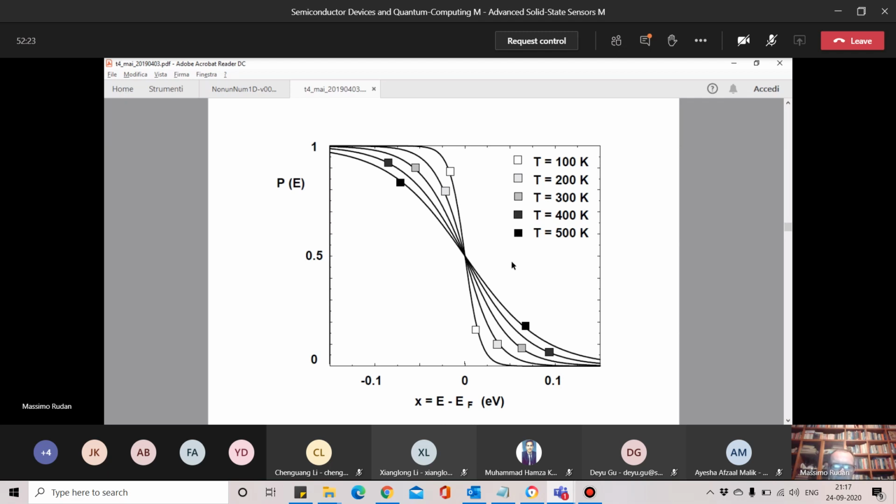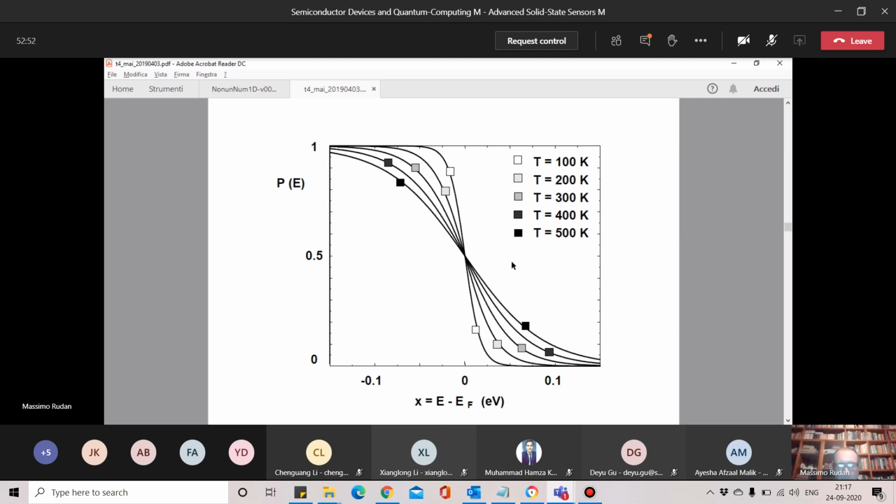The opposite occurs when you decrease the temperature of the system, because you are subtracting energy to the electrons, so they will become less energetic. So it will be more and more difficult for the electrons to occupy high energy states, and a larger probability for them to occupy low energy states.